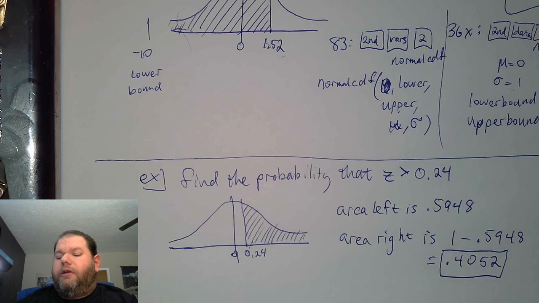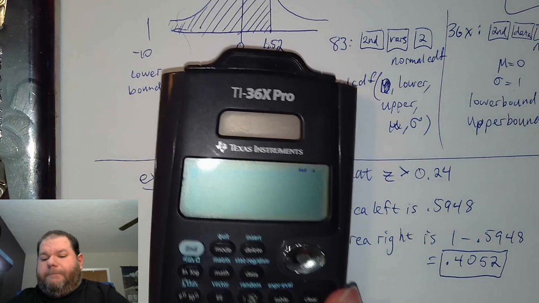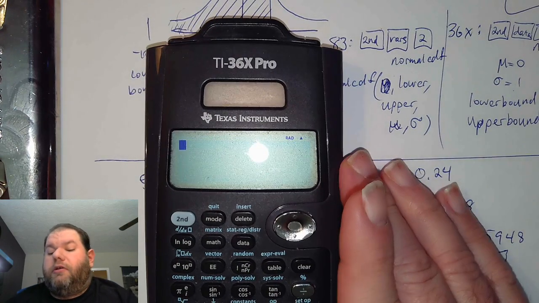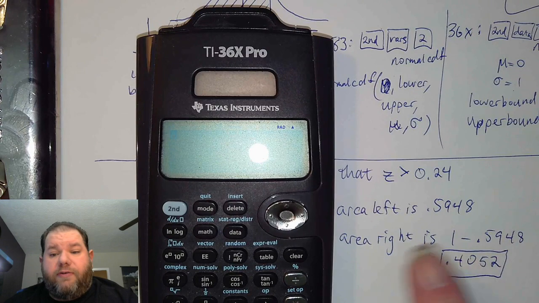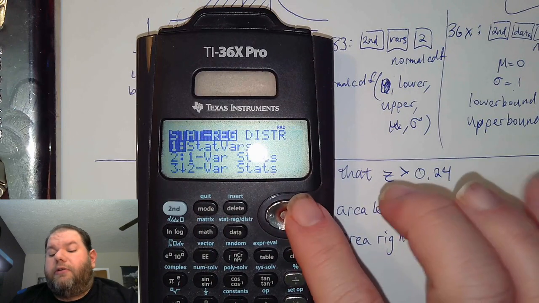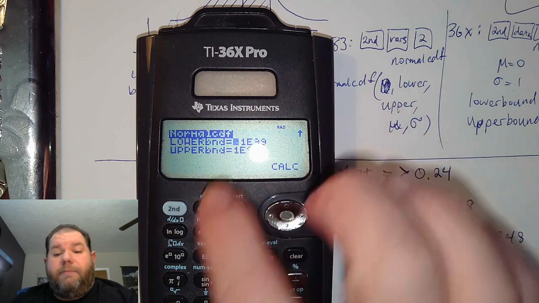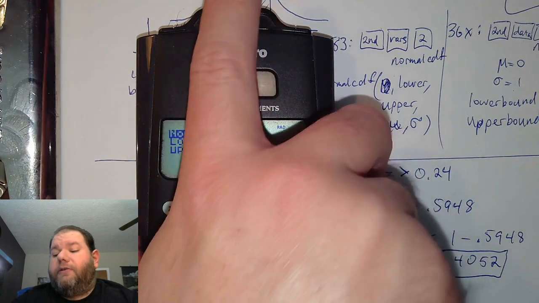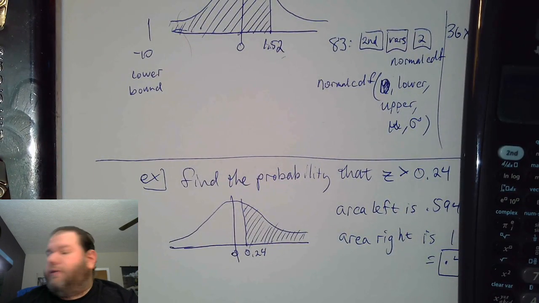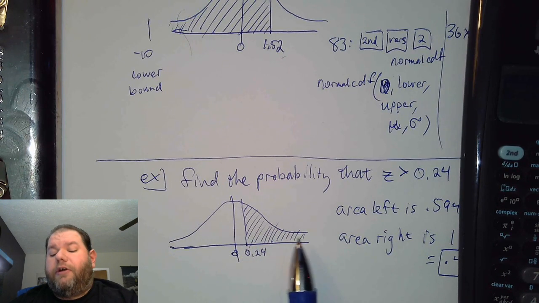Now, I won't do this on both calculators, let's just look at it on one calculator. We don't have to do the subtraction from 1 on these calculators. Data, distribution, normal CDF. Enter. Mean is 0, standard deviation is 1. Now, it completely depends on what we set as the lower bound and the upper bound. The lower bound is where the shaded region begins, 0.24 in this case, and the upper bound is where it ends.